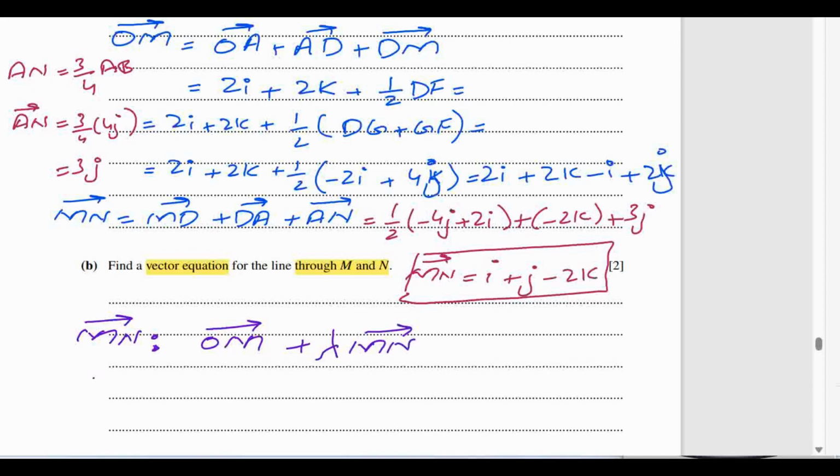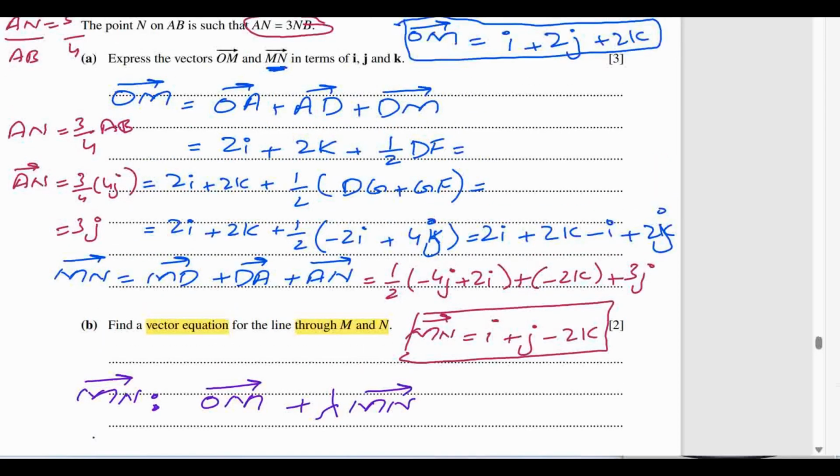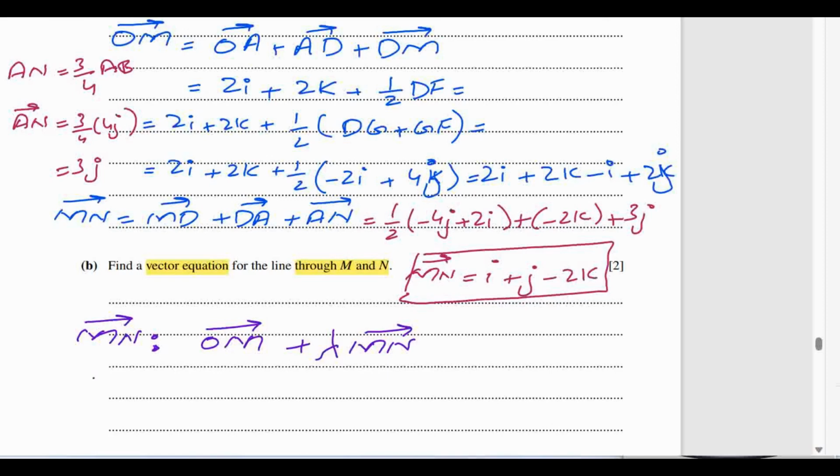Now OM, what about OM? OM we have discussed in the previous part, I plus 2j plus 2k. So this will be equal to I plus 2j plus 2k plus lambda MN. MN is I plus j minus 2k.